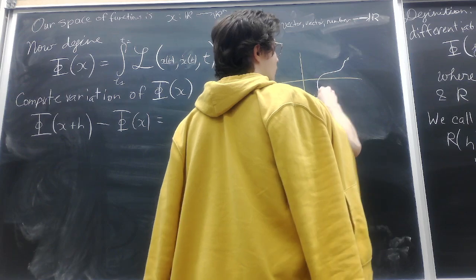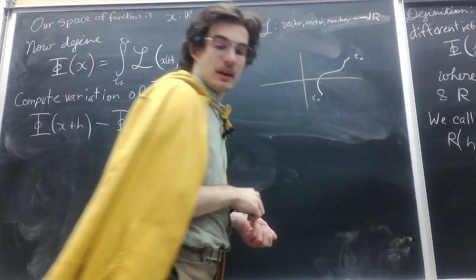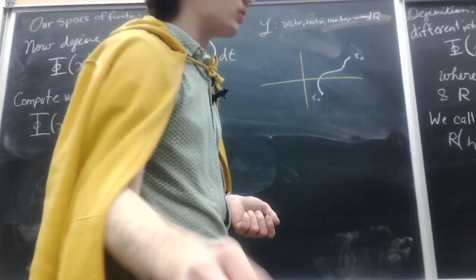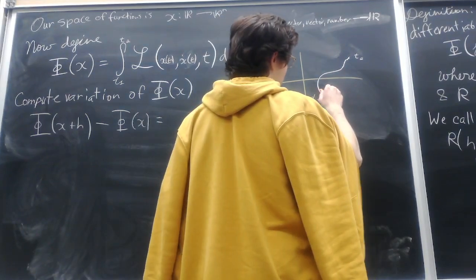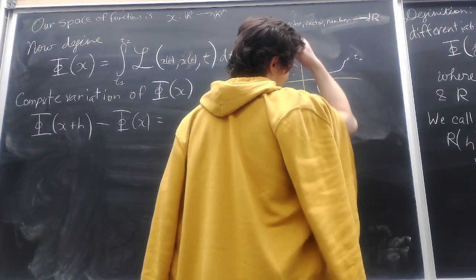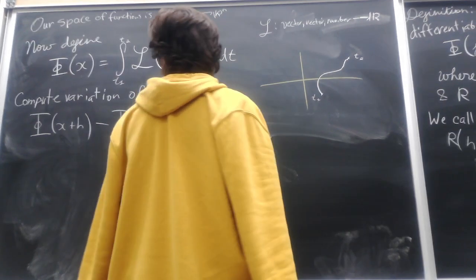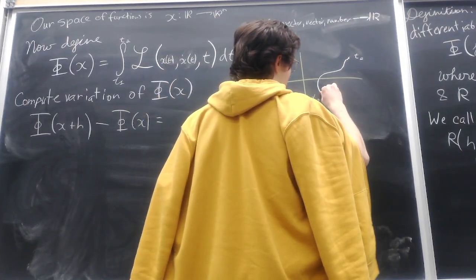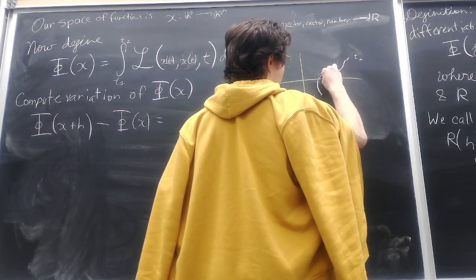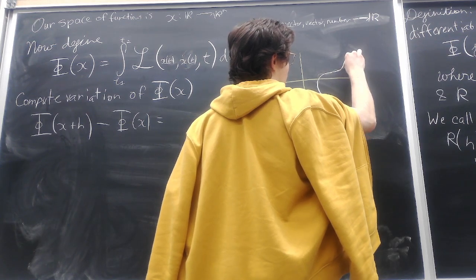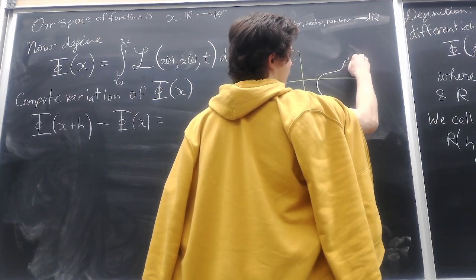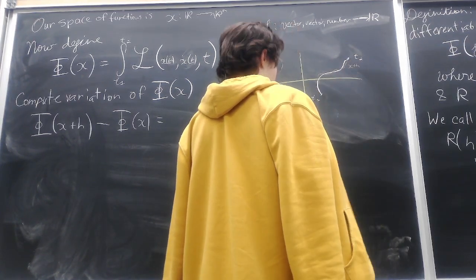It starts at t1 here, ends at t2 here, and I'm saying let's add a little h to it. H will be like a little deviation. So x plus h will follow the same thing, but maybe there will be some little differences. So this is x plus h, and this is x.